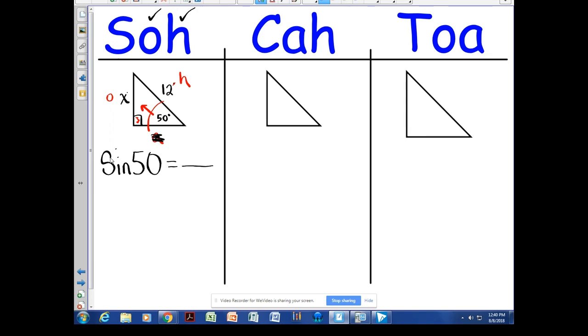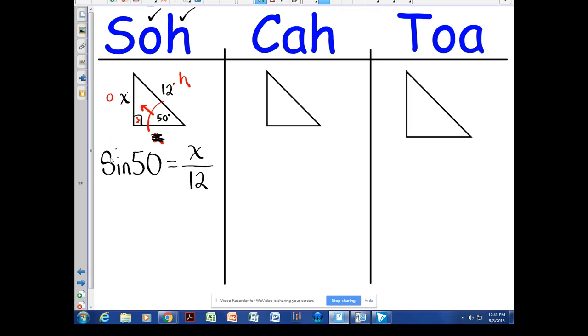Now, SO not only helps us decide which function to choose, it also tells us where to put the O and where to put the H. The letter that comes first, in this case the O, will always go on top. In this case, my O is my X, and the H will go on the bottom right there. Sine of 50 is equal to X over 12.